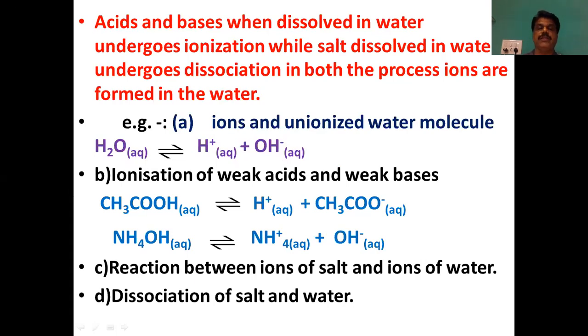A weak acid such as acetic acid, CH3COOH, dissociates into H plus and acetate ion. A weak base like NH4OH dissociates into NH4 plus and OH minus ions. The fourth one is the reaction between ions of the salt and ions of the water, that is dissociation of salts and water.